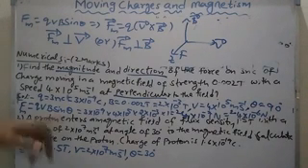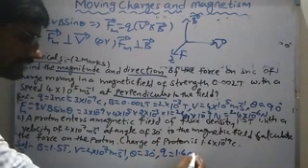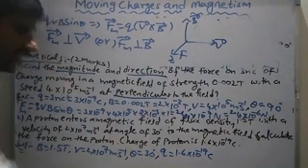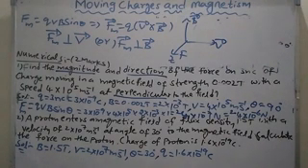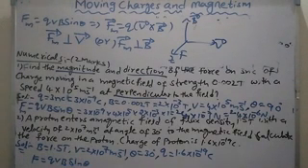Then the charge of the proton, Q, is 1.6 into 10 to the power of minus 19 coulomb. The force experienced by a charged particle in a uniform magnetic field is F equal to QVB sin theta. Substitute the values here.